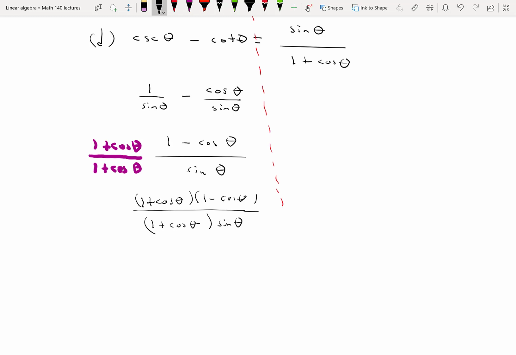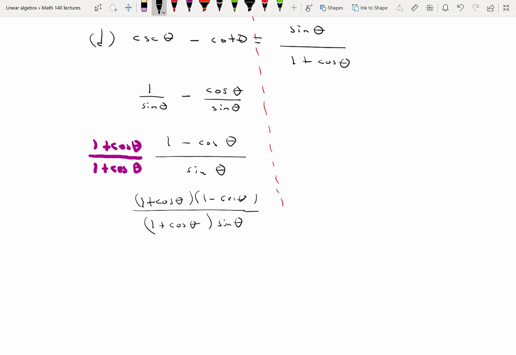Now it looks like I'm making a mess here. Then take another look at where we are. The mess on the left-hand side has the 1 plus cosine in the denominator, but it has an extra sine. So somehow that sine in the denominator on the left needs to cancel from the numerator. And the only way it's going to cancel is if there's a sine theta in the numerator.